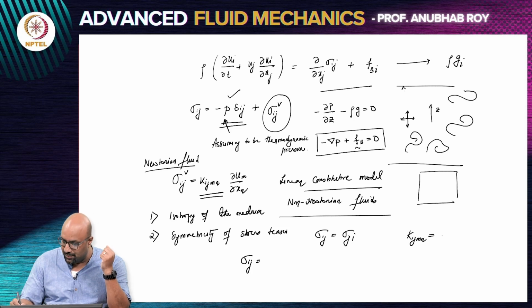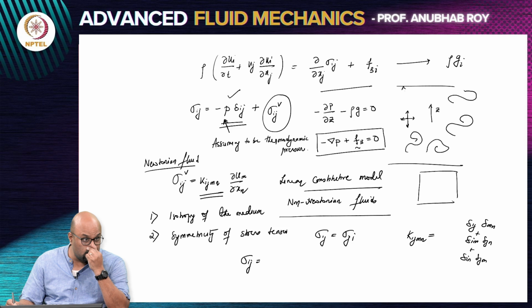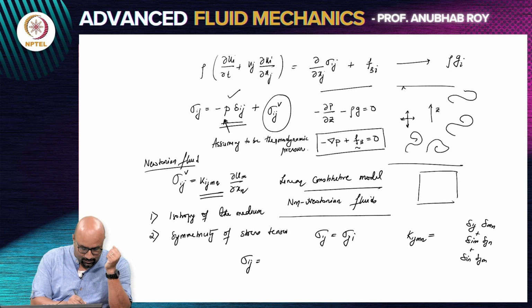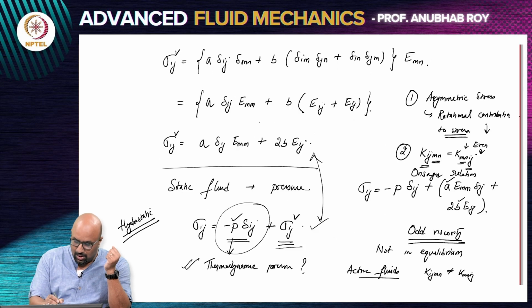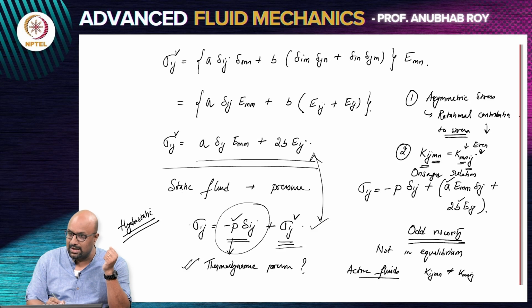The general form of an isotropic fourth order tensor would be expressed in terms of second order isotropic tensors like delta, combinations of delta ij, delta mn, delta im, delta jn and delta in, delta jm. So, we have linear combinations of these, and then after doing the linear combinations and using the symmetricity, we finally arrive at the fact that your stress tensor, what we wrote down in the last expression, was proportional to the rate of strain tensor.